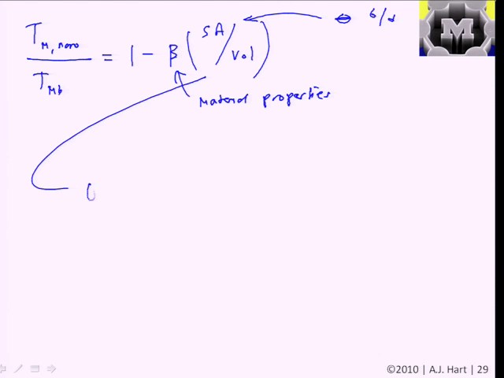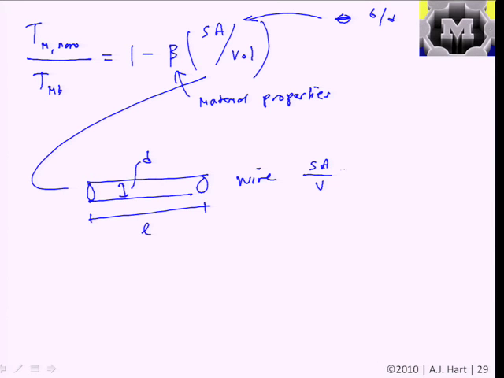And if we did it for, say, a nanowire, with a length L and a diameter d, we would get 4 over d plus 2 over L. And if L is much greater than d, then this is just equal to 4 over d.